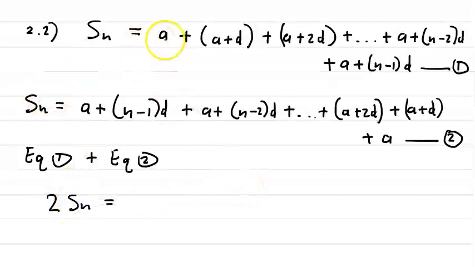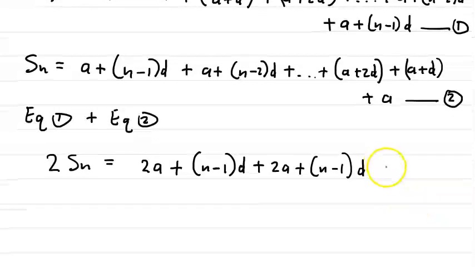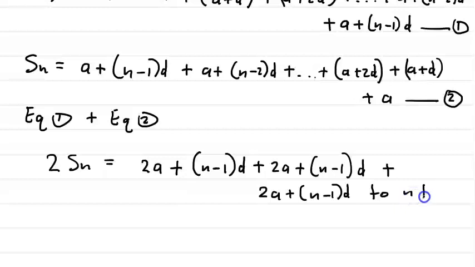And if we add over here, we're going to get the following: 2a plus n minus 1 times d, plus 2a plus n minus 1 times d, plus, so this is going to continue, 2a plus n minus 1 times d to n terms.